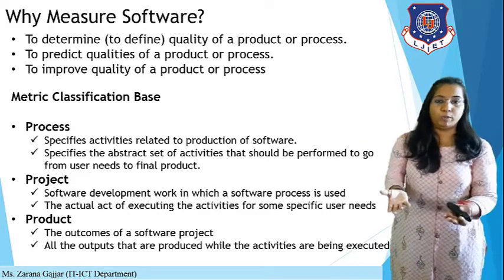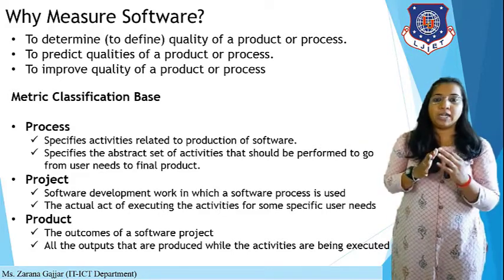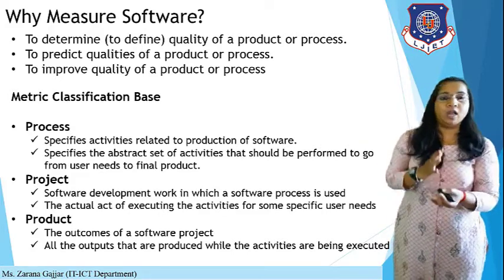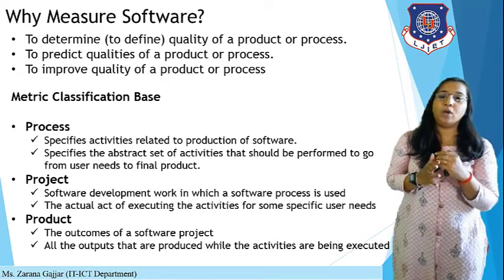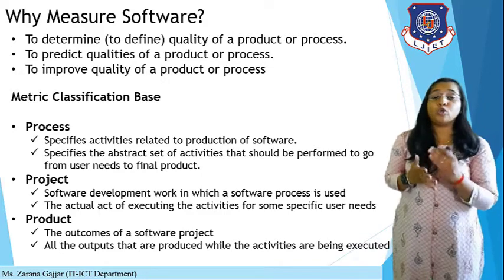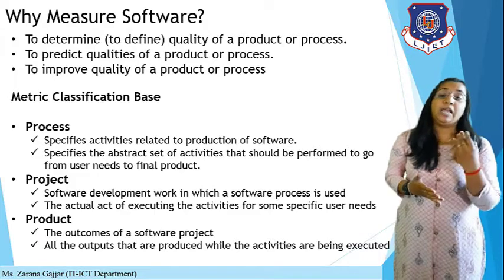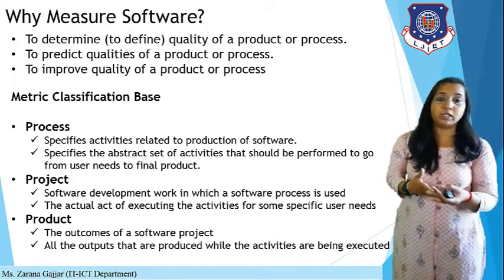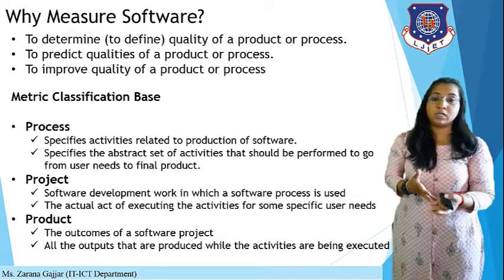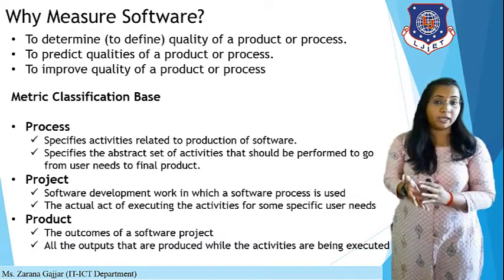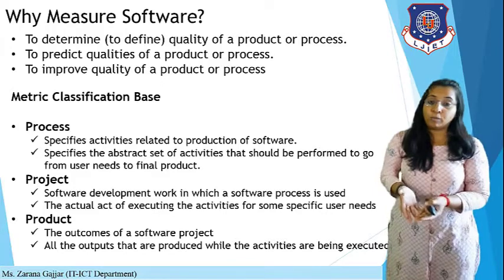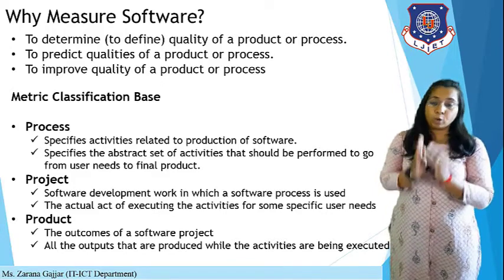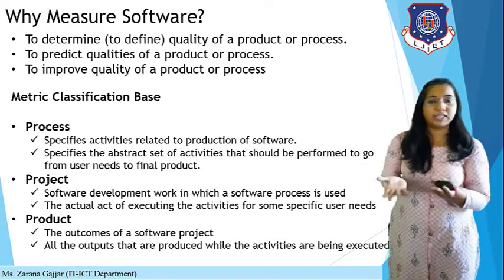All the outputs that are produced while the activities are being executed will be defined in a product metric. It also covers the size of the project, the complexity, some design features, the actual quality, reliability, and performance. So in product metrics you are measuring all these things.